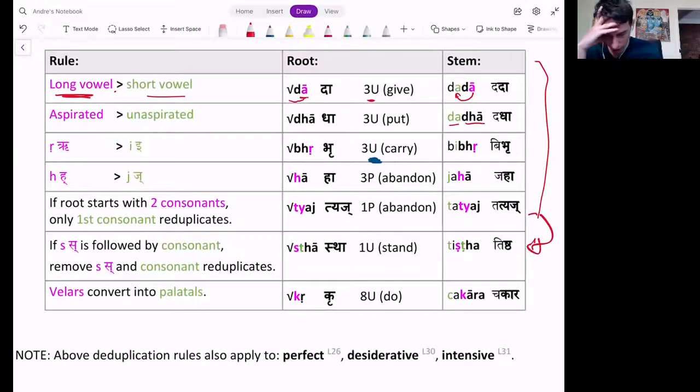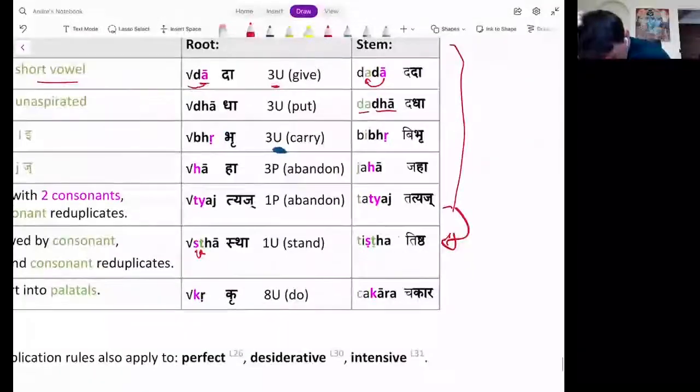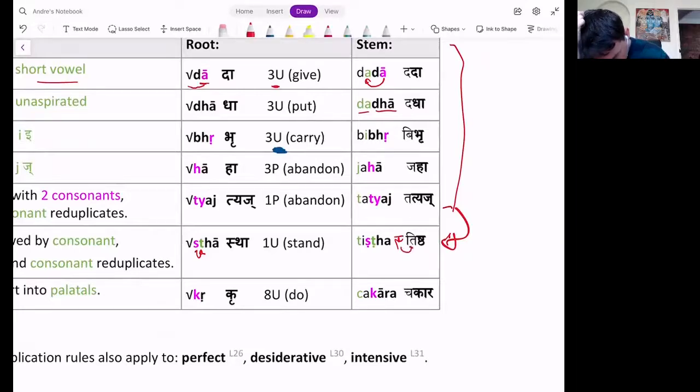If S is followed by a consonant, remove the S and the consonant reduplicates. So it's supposed to be an S here, if I can zoom this in. So the S is removed and you just duplicate the T.